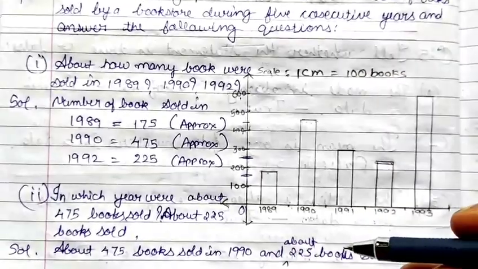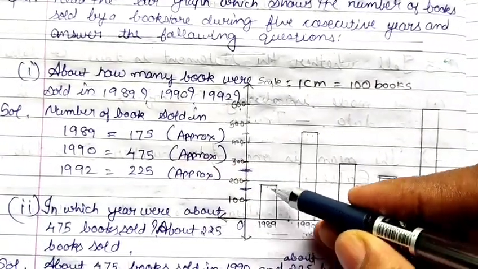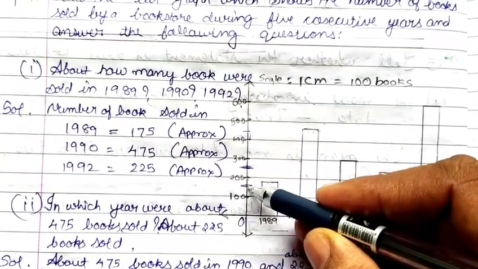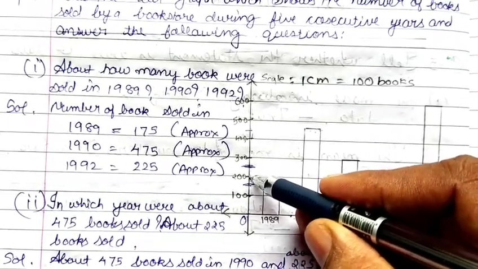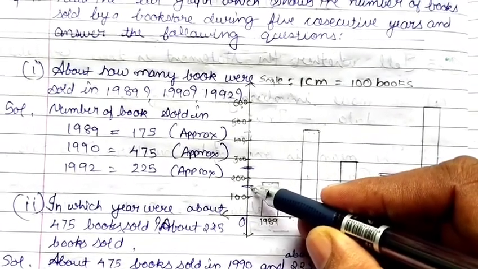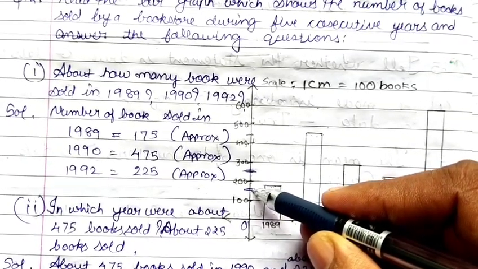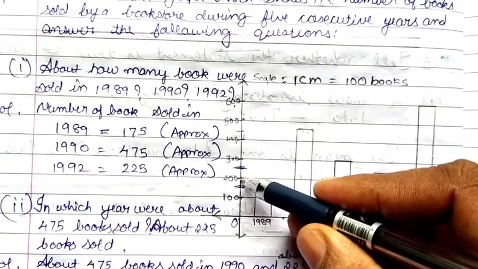Now dear student, in 1989, the pillar is till here. Between 100 and 200 it is 150, and this pillar is between 150 and 200, so we can take it as 1.75 centimeter.